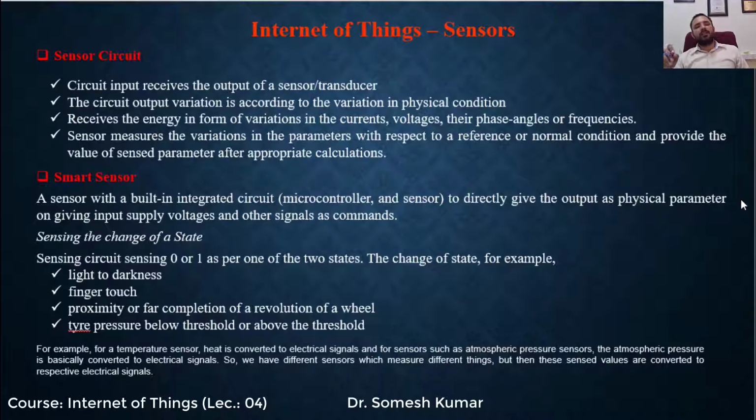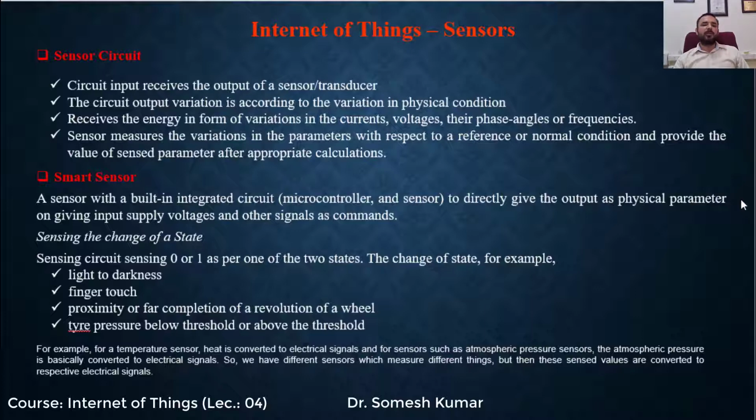So here the sensor circuit receives the output of our sensor or the transducer, and this output is fed to the sensor circuit, and this sensor circuit processes this output. For example, if our sensor gives output variations as per some physical condition, for example, if the temperature changes, the sensor output also varies.